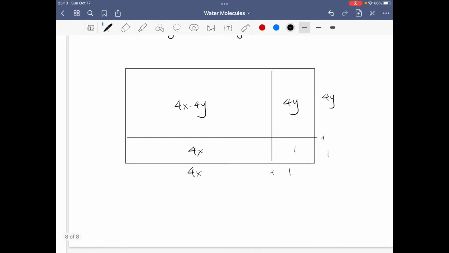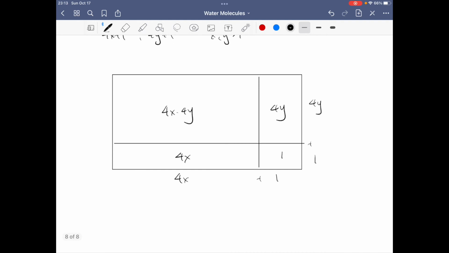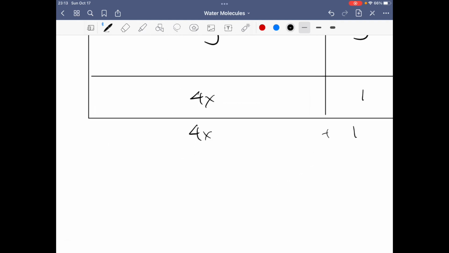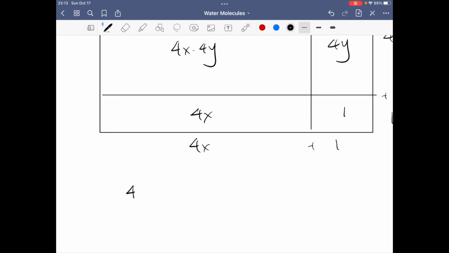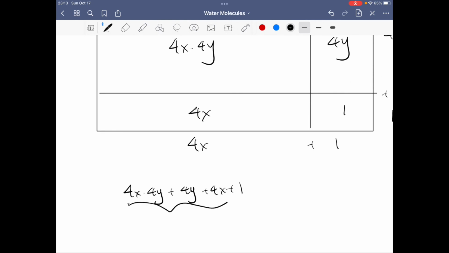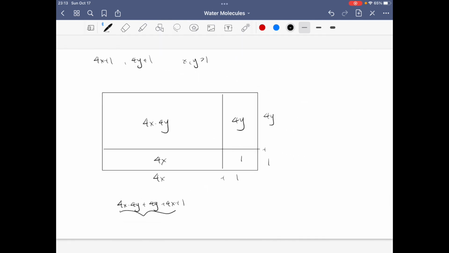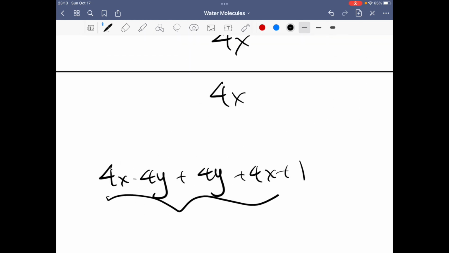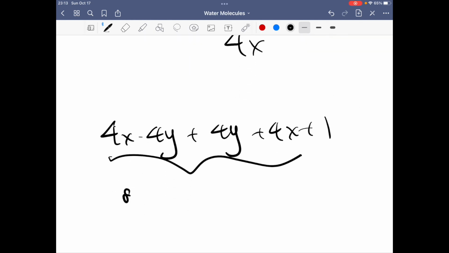Now, in order to add this up, we're multiplying out the area. So 4x times 4y plus 4y plus 4x plus 1. And this is all multiples of 4 right here. So it should technically work, right? Let's use an example. Let's say that x and y are both 2. Then it becomes 8 times 8 plus 8 plus 8, then plus 1.